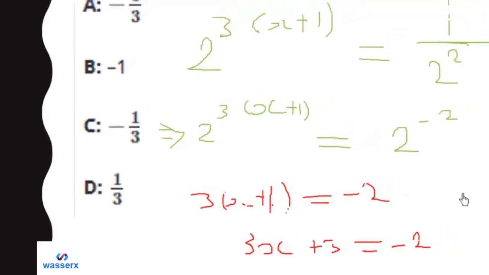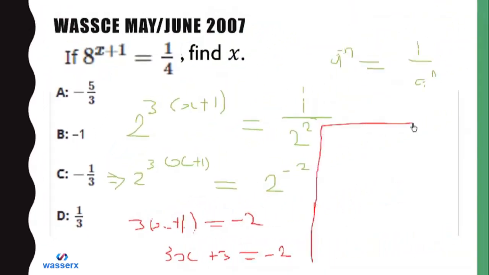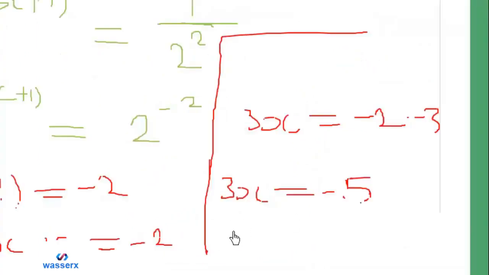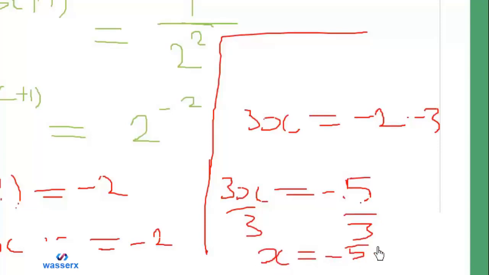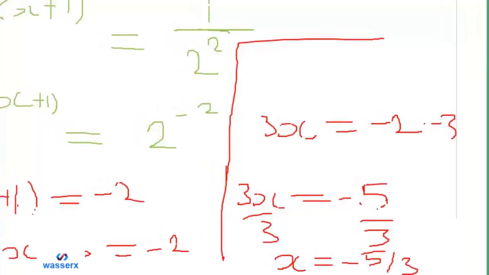So we are going to get something like this. Dividing both sides by 3, we get x to be equal to negative 5 over 3. Now negative 5 over 3, so the answer is A.